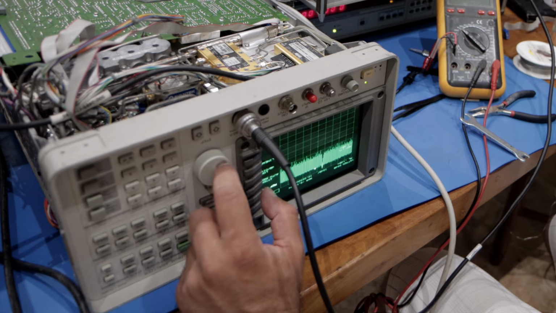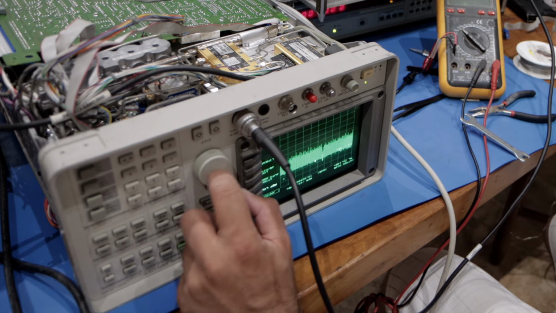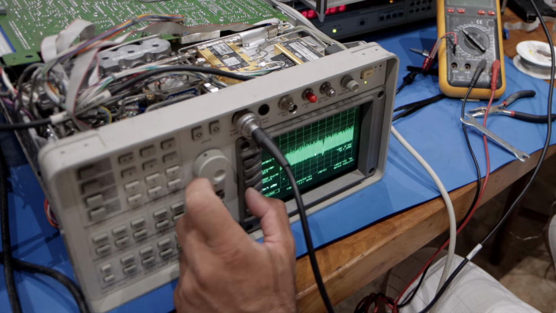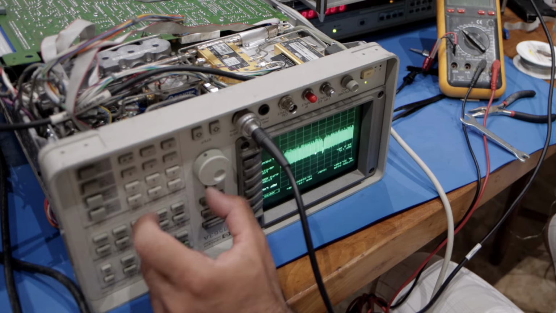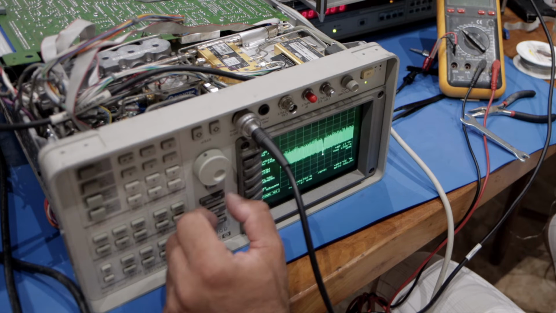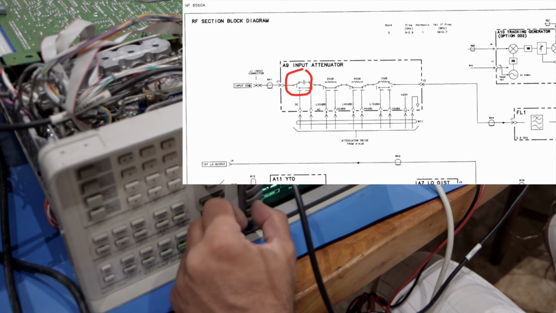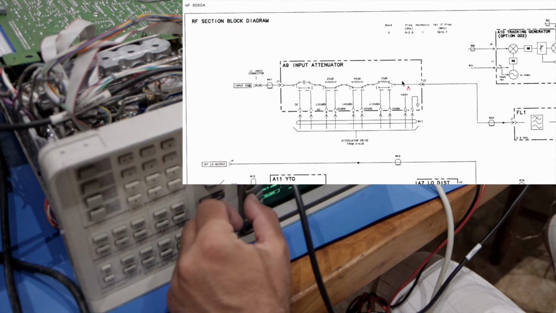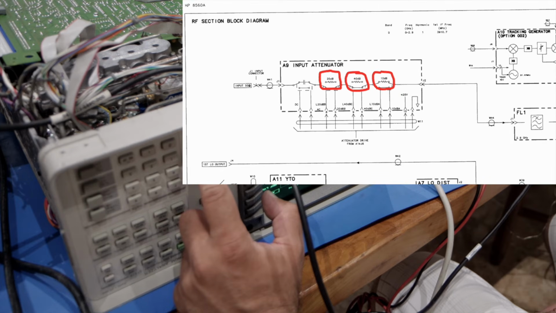No big deal though. I've still got the 8560A's attenuator as a backup, and my plan is to reuse its resistor pads, which are still in good shape. Now here's the catch. I can't just drop the 8560A's attenuator into this analyzer because their designs are different. The 8560A has series capacitors for AC measurements and uses one 10 dB pad, one 20 dB pad and one 40 dB pad.